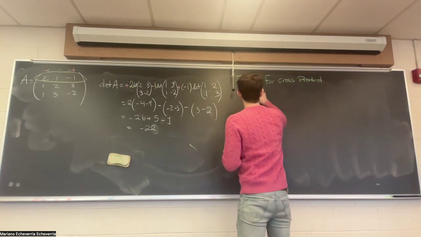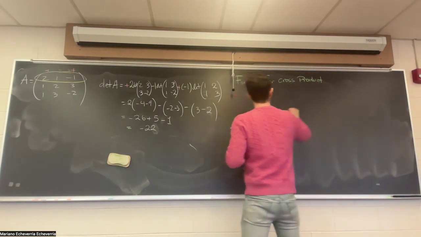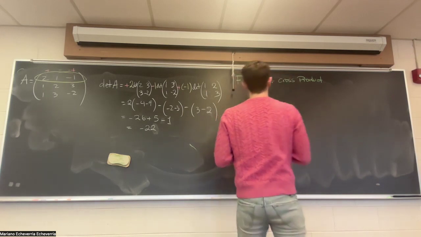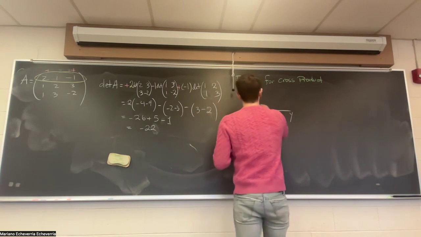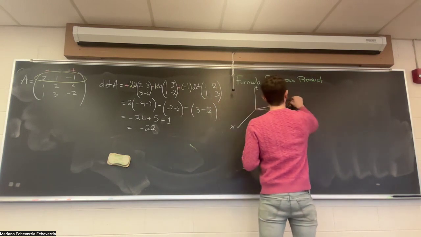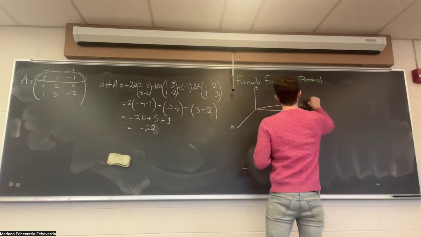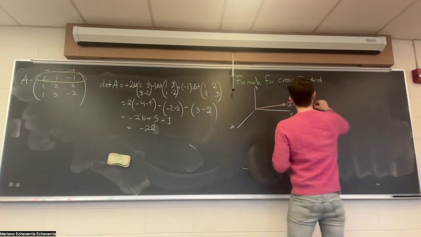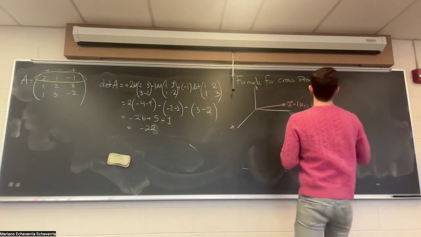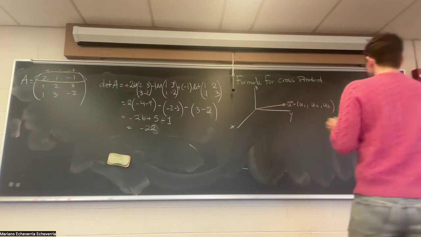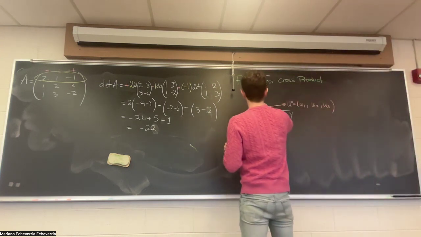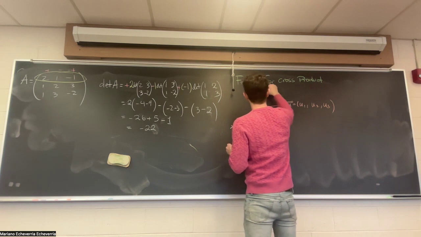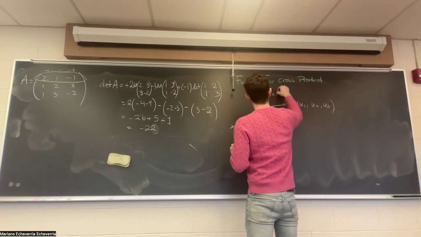So here's a formula for the cross product. The idea is that if you have two vectors, let me call them U and V as always. So U is here, I'll write it as U1, U2, U3. And then V somewhere else, so V1, V2, V3.